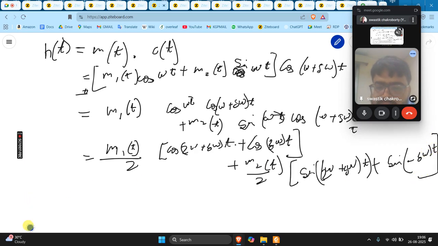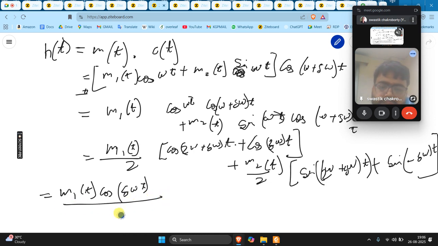So you have m1(t) cos delta omega t. When the filtering is done, this will be present, along with minus m2(t) sin delta omega t.